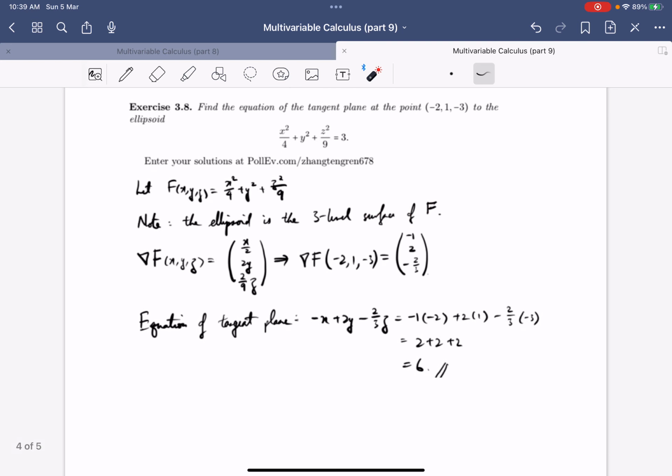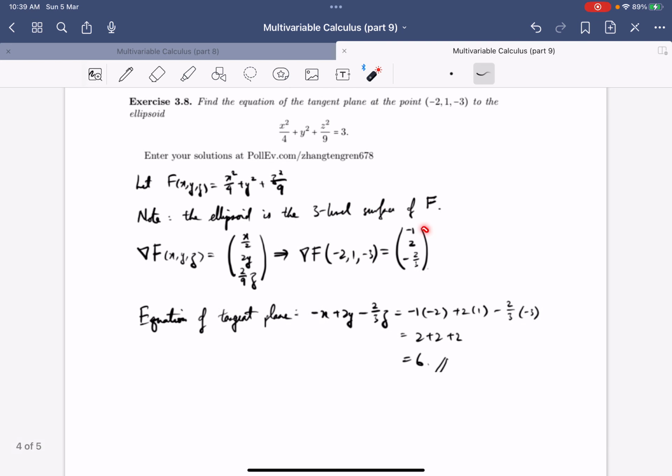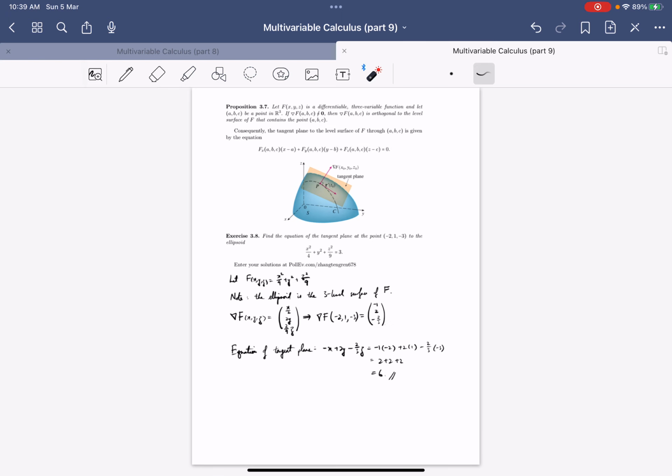And so the equation of the tangent plane will be -x + 2y - (2/3)z, and the right hand side, evaluated at the point, is 6. And you're done. So it's a very mechanical and straightforward use of the chain rule, or of differentiation, to get the tangent plane or tangent line.